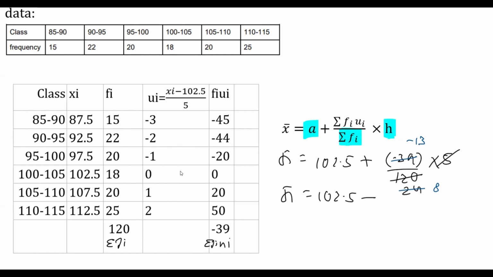If I divide 13 by 8, we are going to get 1.625. So now finally X bar, which is the mean here, will be the difference. If I subtract 1.625 from 102.5, we are going to get X bar as 100.83. So this is the mean here.